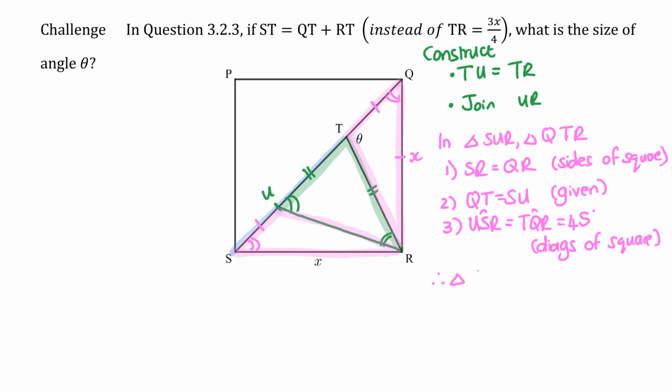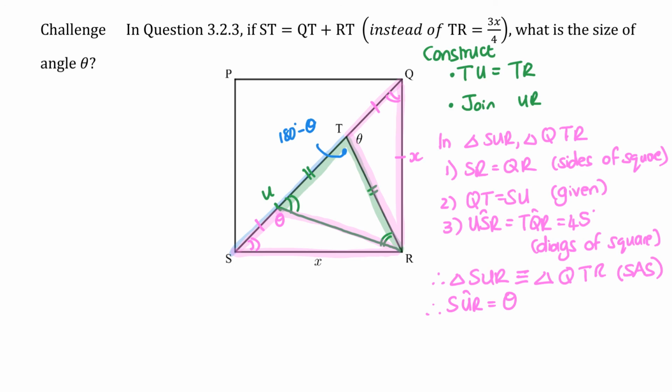Therefore, triangle SUR is congruent to triangle QTR, and my reason is side angle side. Therefore, I know that angle SUR is equal to theta. Now remember from earlier, we said that the angle inside at UTR is 180 degrees minus theta.